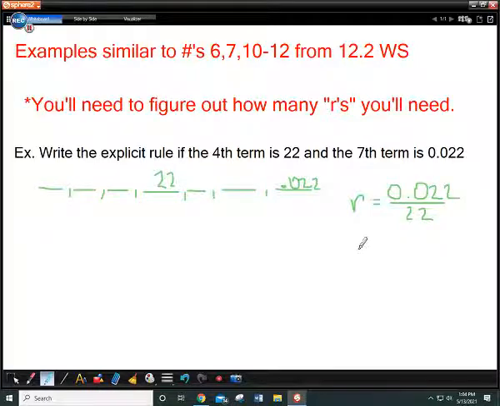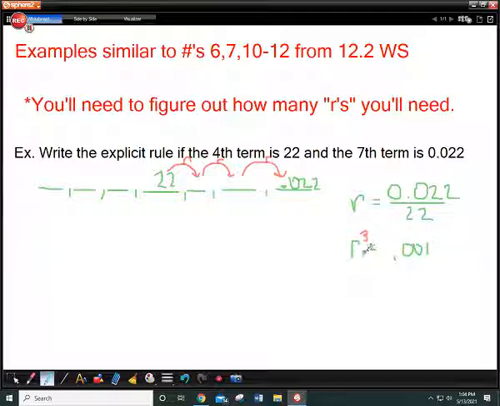I get that the r is going to simplify to 0.001. But remember, we need to figure out how many r's we're going to use. From this term, I would have to multiply by an r to get the next term, and from here to here, I would have to multiply by an r. So there's 1, 2, 3 r's.